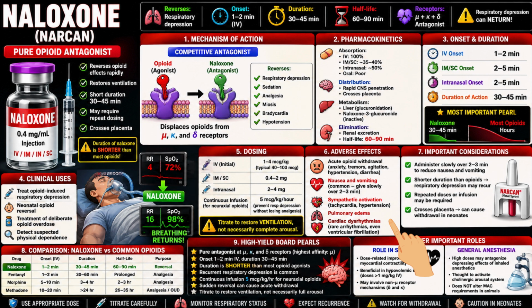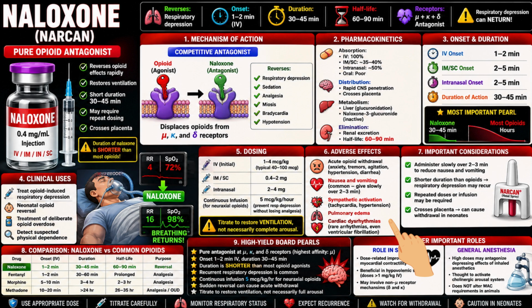Give naloxone slowly, over 2 to 3 minutes, rather than as a bolus, and you meaningfully reduce the incidence of nausea and vomiting. There's actually a protective silver lining here. Awakening tends to occur either just before or at the same time as any vomiting, which means the patient's protective airway reflexes have typically returned by the time vomiting happens, minimizing aspiration risk.